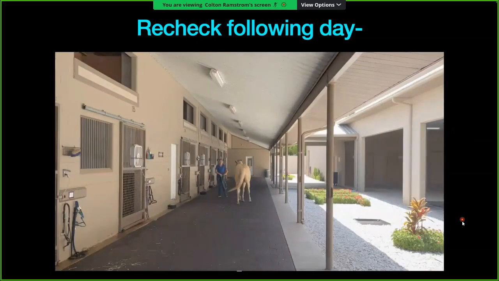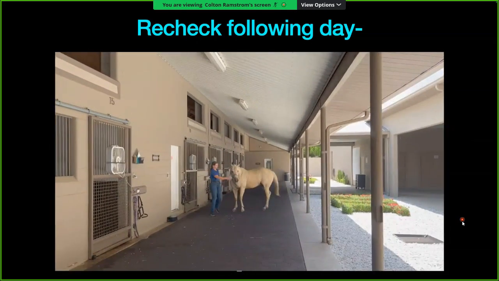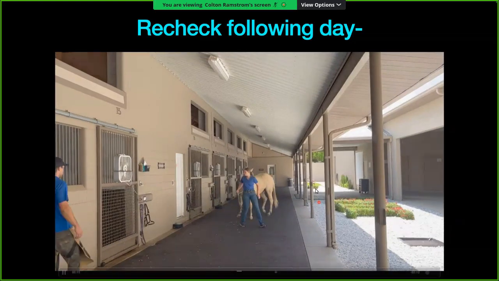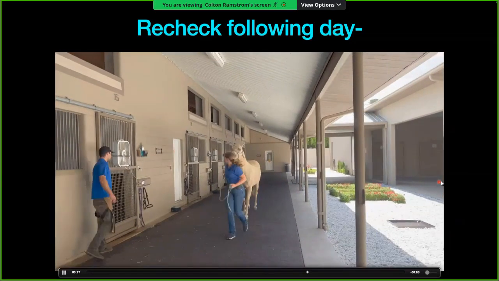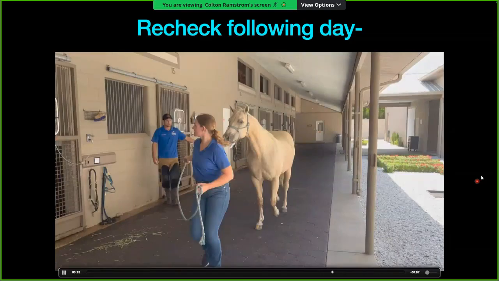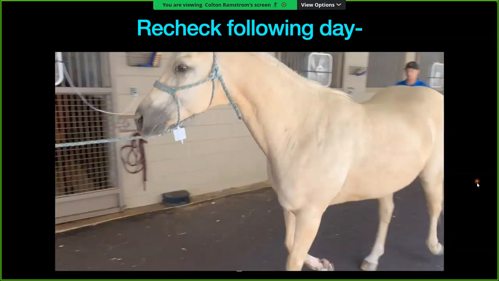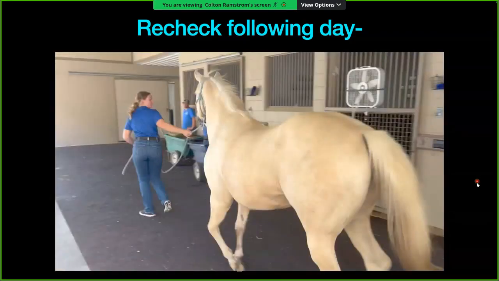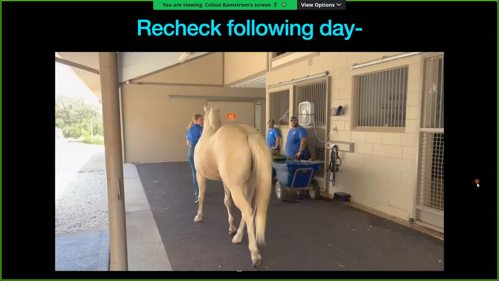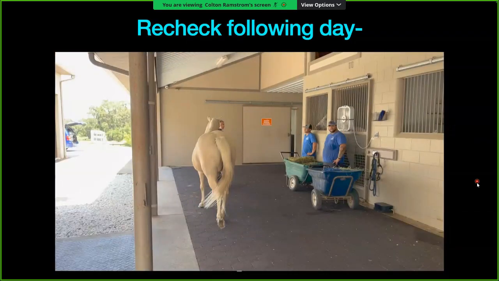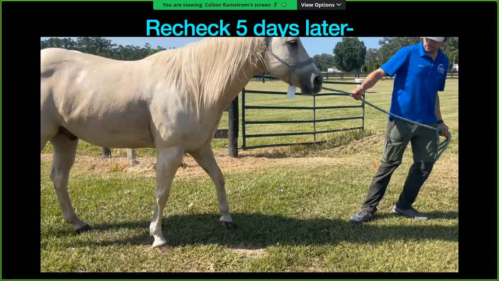So low volume, ultrasound guidance, so pretty darn specific as far as the actual blocking goes. And I think we have as much, if not more, improvement from this block than we did the abaxial the following day. So that's all we did on him that day. I just wanted to confirm that we were dealing with an active proximal suspensory ligament there.